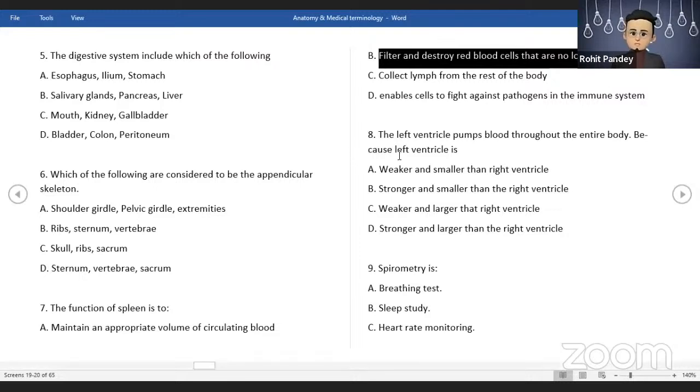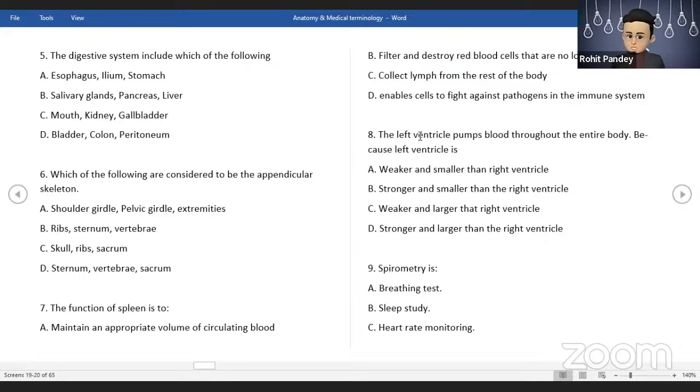Okay, so the eighth question is: the left ventricle pumps blood throughout the entire body. We are talking about the heart.